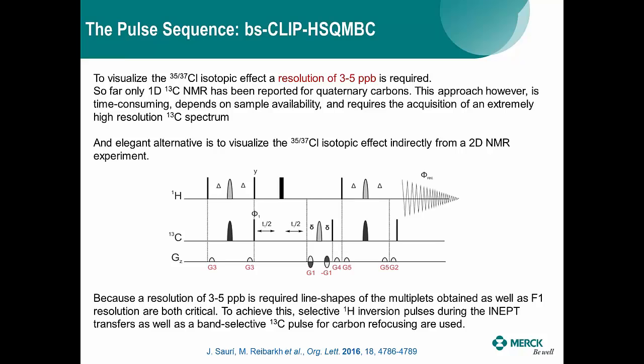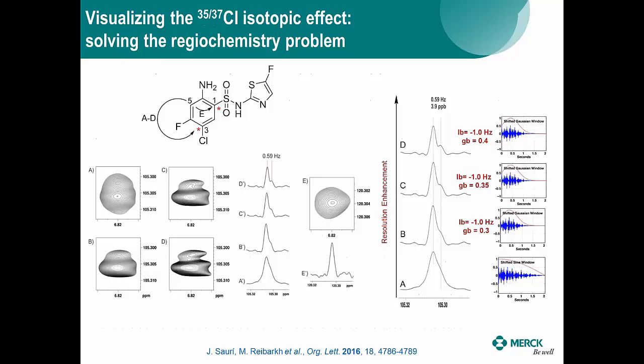Here the strategy was to look at the correlation from proton 5 to both carbon 3 and carbon 1, where we need to know which one is carbon 3 and which one is carbon 1. Proton 5 correlates via a three-bond correlation to 1 and 3. When we look at the correlation from 5 to 3, which you can see in panels A, B, C, and D, this is the same correlation.